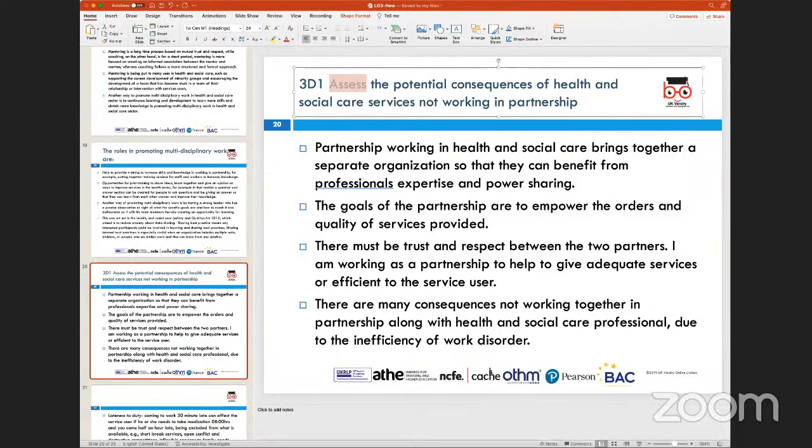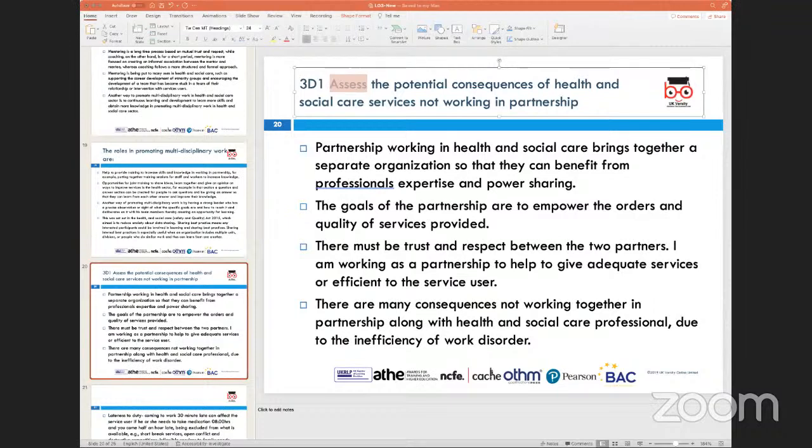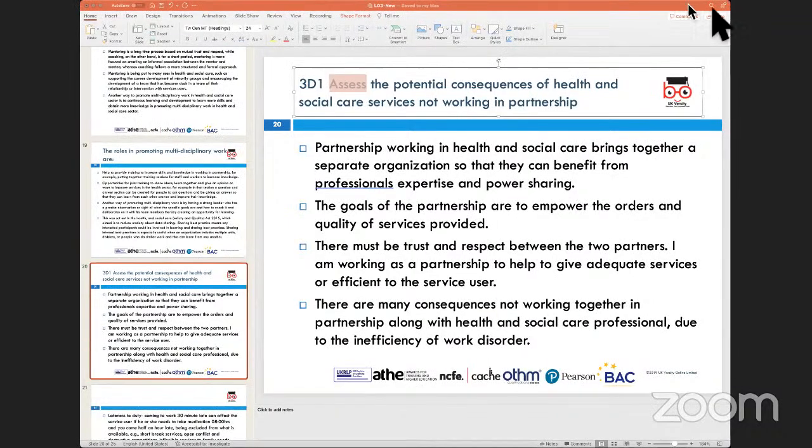If partnerships break down, for example, if coordinated working between partnerships breaks down, then what will happen? In those circumstances, how would that be detrimental to providing these services to members of the public?